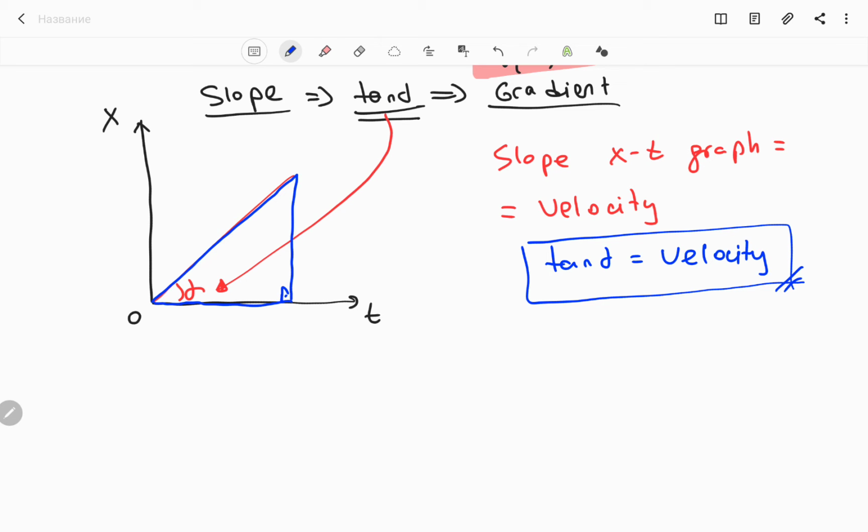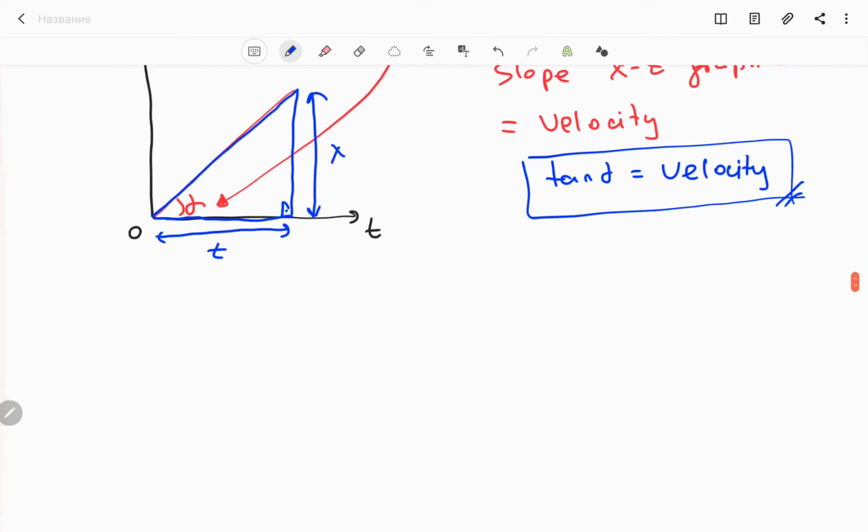From the geometry point of view, tangent alpha equals the opposite side, which is basically x, divided by the base. The base is time. So for this graph, tangent alpha equals the opposite side x divided by time, because the opposite side corresponds to distance and the base horizontal part corresponds to time.